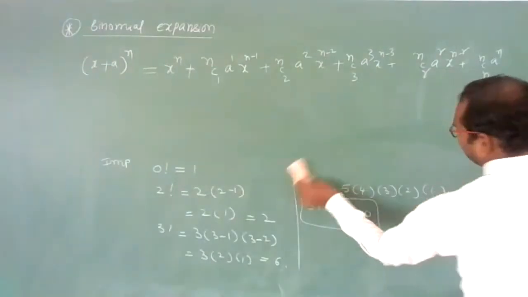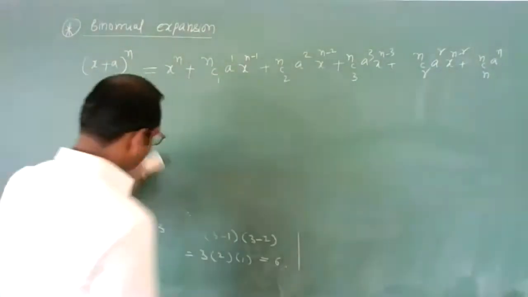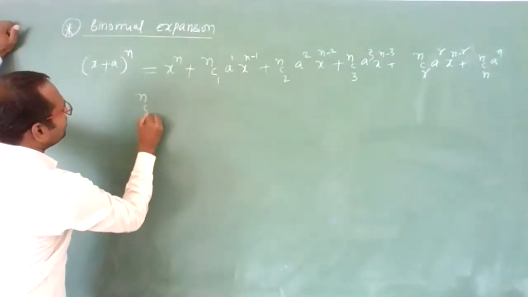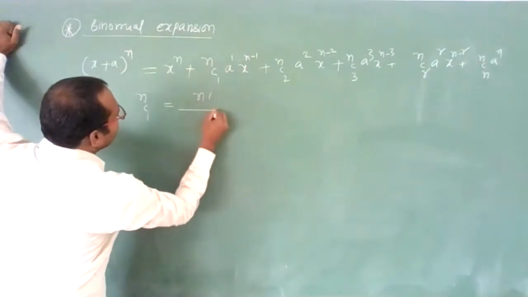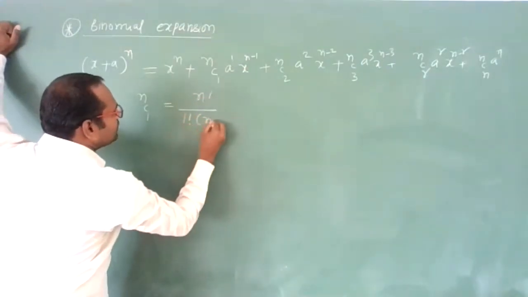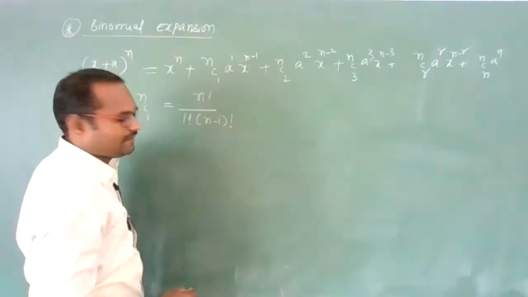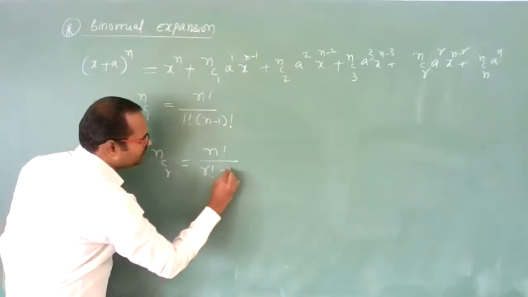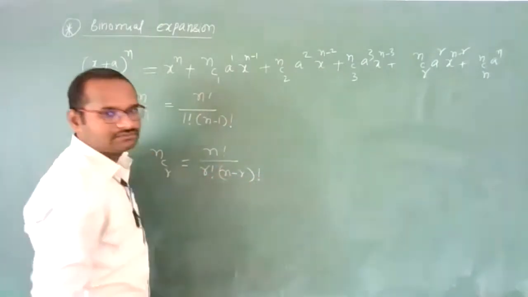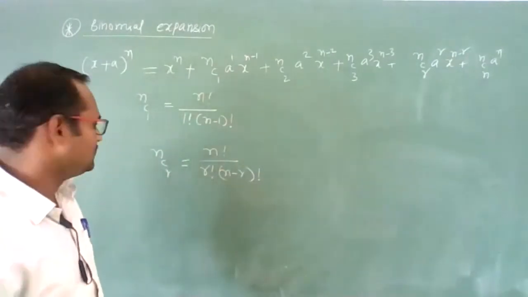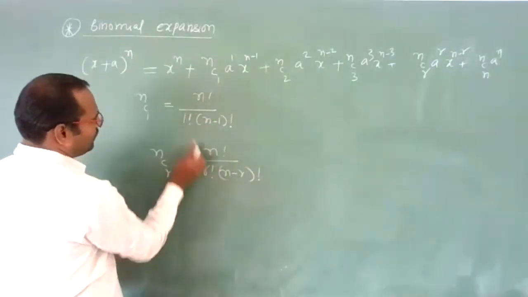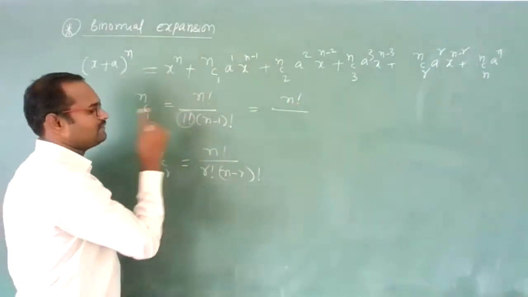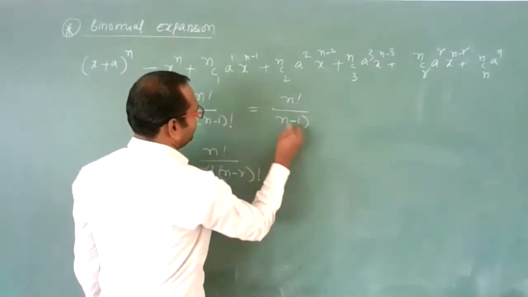How can you write nC1? nC1 can be written as n factorial by 1 factorial into n minus 1 factorial, as nCr is n factorial by r factorial into n minus r factorial. 1 factorial value is always 1, so we leave it, n minus 1 factorial.